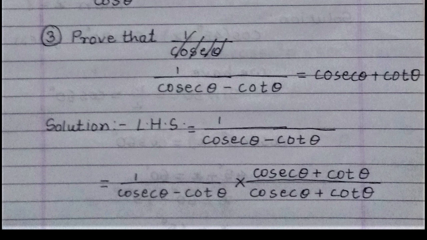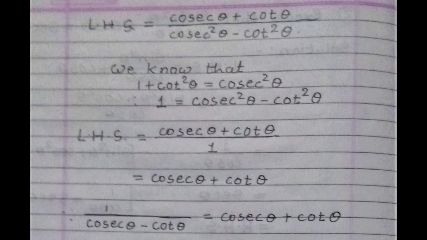So here we can use the (a plus b) into (a minus b) formula, that is equal to a square minus b square. So I write here cosec square theta minus cot square theta in the denominator. Now as we discussed, we can interchange the equation and get a new formula.